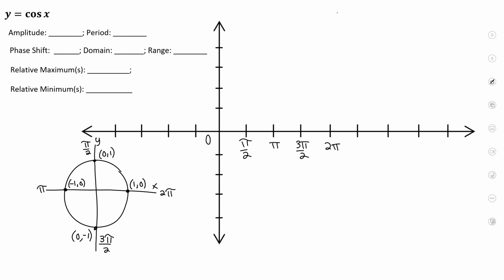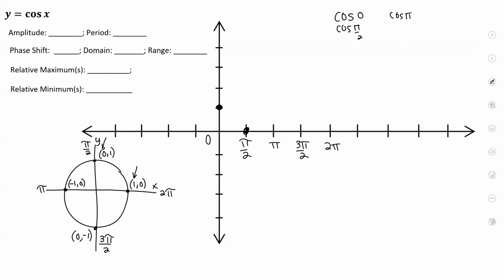Cosine at 0, look at my unit circle. What is it? 1. So at 0, I'm at 1. Cosine at pi over 2. Look at the x value. It's 0. So you're right here.